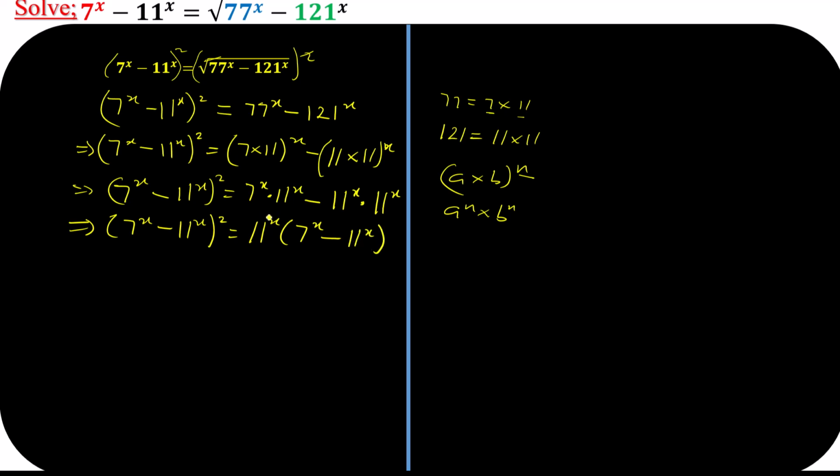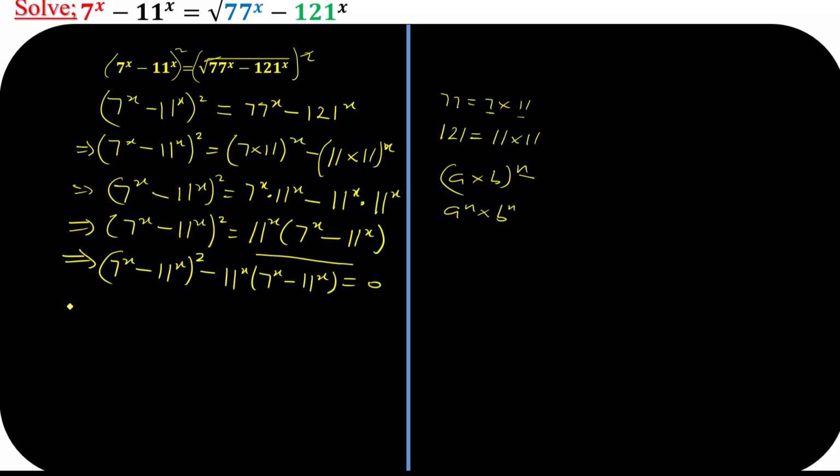We are going to group them on one side, so I'll send this to my left. So we have 7 exponent x minus 11 exponent x, minus 11 exponent x times that, equal to 0.